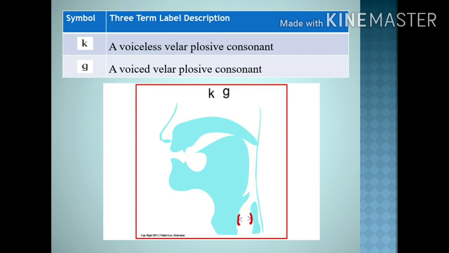But when you try to produce the G sound, the vibration in the vocal cords is quite considerable. That's why K is voiceless and G is voiced. Both are velar plosive sounds, so the rest of the description remains the same. Only the difference is whether it is voiceless or voiced.